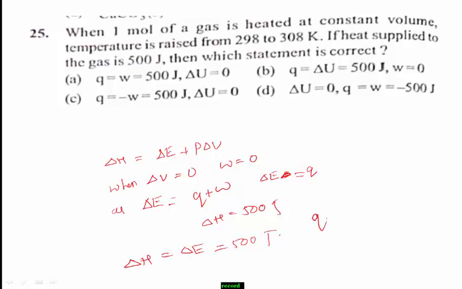Here Q equal to 500 joule, W equal to 0. Then which one is the right answer? Option B, Q equal to delta U or delta E equal to 500 joule, work equal to 0. Therefore option B is the right answer.